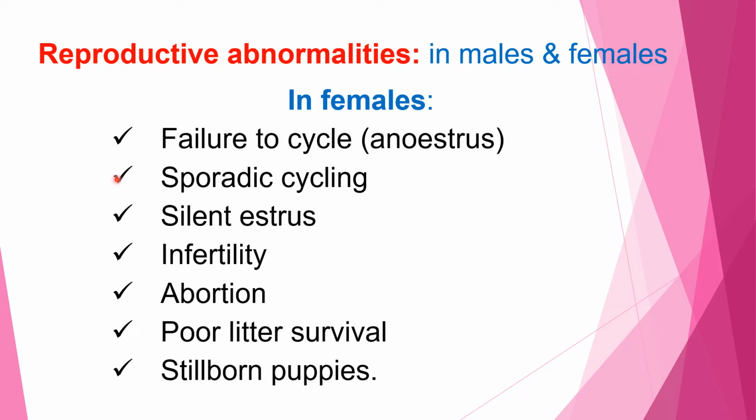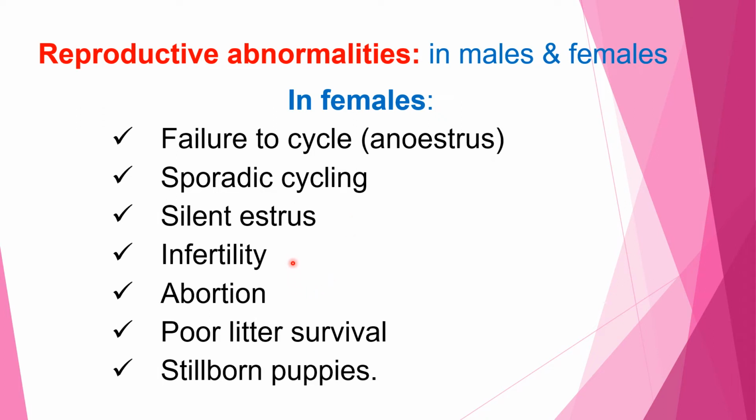In this presentation, we see reproductive abnormalities in females. The female fails to cycle, that is anestrus. The cycle may be sporadic, silent estrus. The bitch may be in estrus but may not express the signs of estrus.